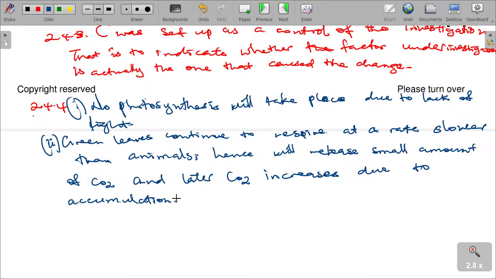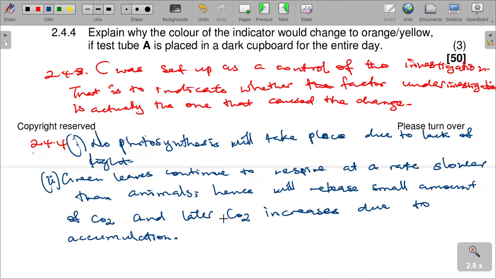That is what you should understand with regards to this question 2.4.4.